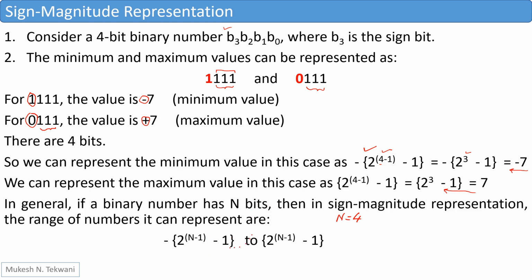And now check this, 2 raised to n minus 1 minus 1, and here we have a negative sign. Here there is no sign, which essentially says that it is a positive number, and therefore the values change to 2 raised to n minus 1, minus 1. So this becomes the range of numbers which we can represent using the sign magnitude form.